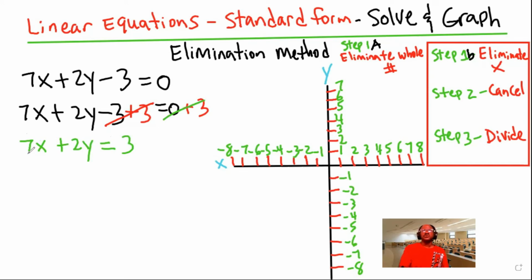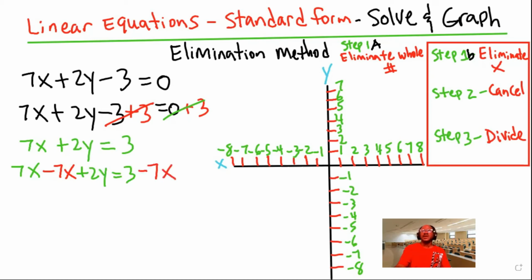To do that, we do the same thing we did before. We have a positive 7x, so minus 7x plus 2y equals 3. And yes, you have to add that negative 7x on the other side.